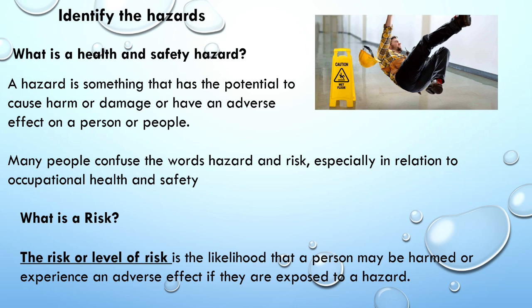Many people confuse the words hazard and risk, as explained before, especially in relation to occupational health and safety. So let me say it again. The risk, or level of risk, is the likelihood that a person may be harmed or experience an adverse effect if they are exposed to a hazard.